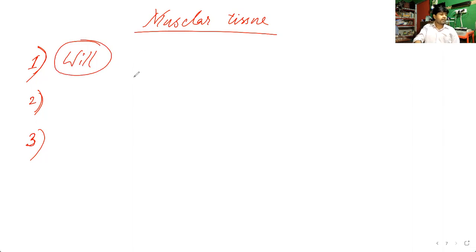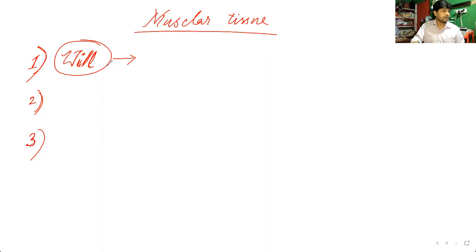And this muscular tissue is actually connected with the bone. As I told you a few minutes before, this muscular tissue moves, due to which the bones are moving. So this type of muscular tissue is connected with the bone and can be controlled by our will.